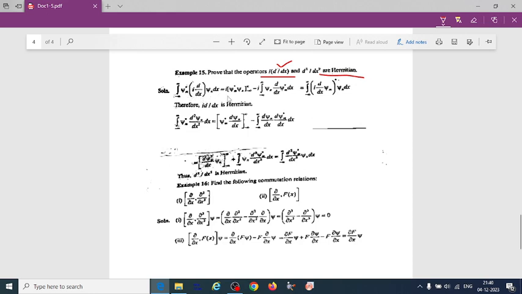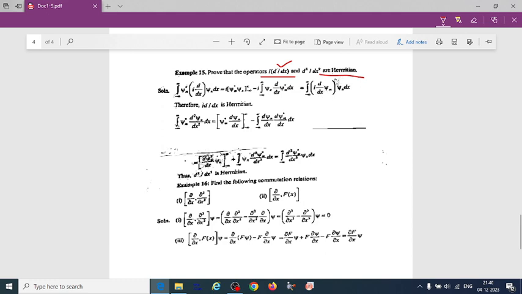n dx. Okay, then just take i common here, psi m star psi n from minus infinity to plus infinity, that is, integral from minus infinity to plus infinity psi m star dou by dou x psi n dx. What we will get here, minus infinity to plus infinity, what we left here, i dou by dou x psi m star.